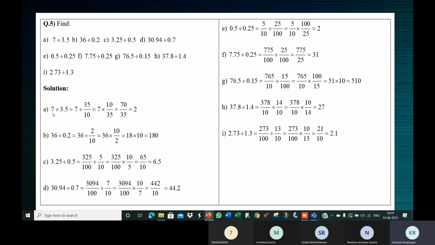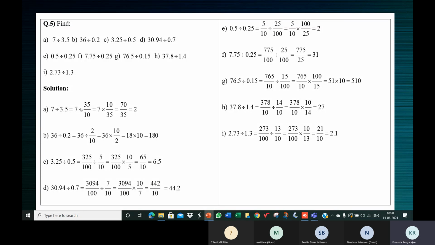In the first one, 7 is 7. 3.5 is written as 35 by 10. I told you, decimals are converted to fractions. So 7 stays as it is. Division sign, 3.5 is written as 35 by 10.